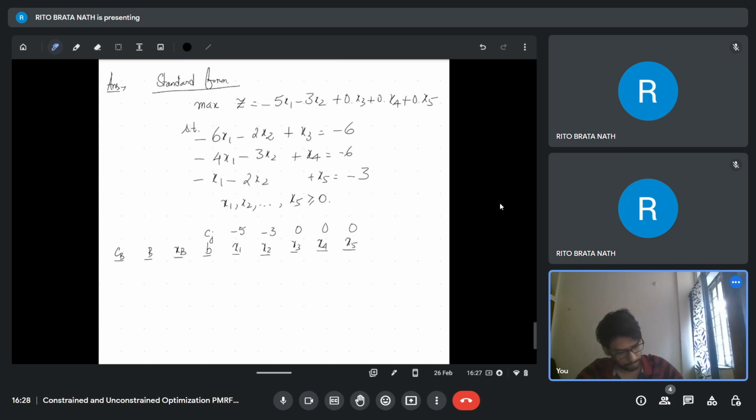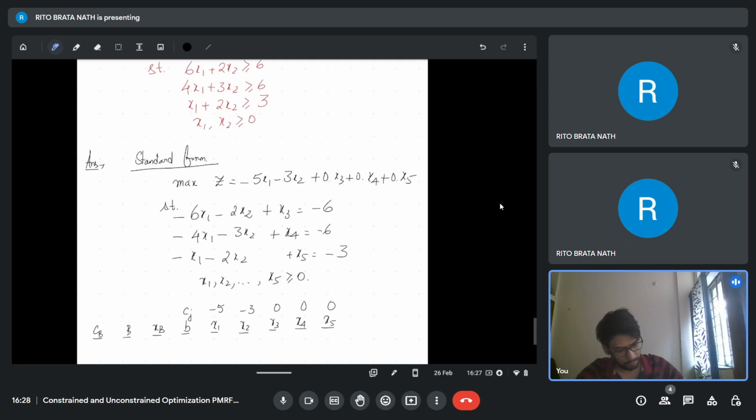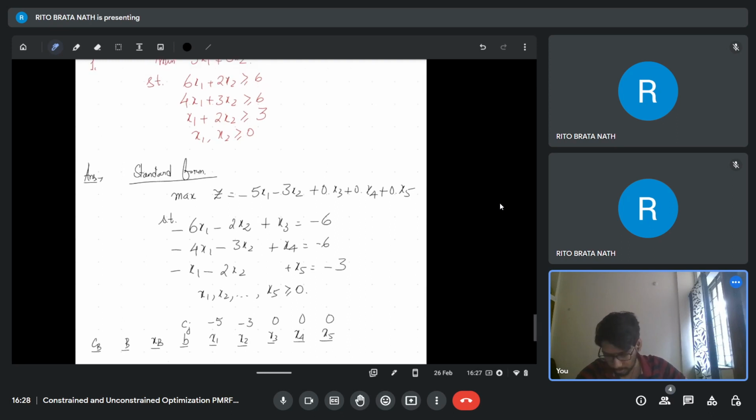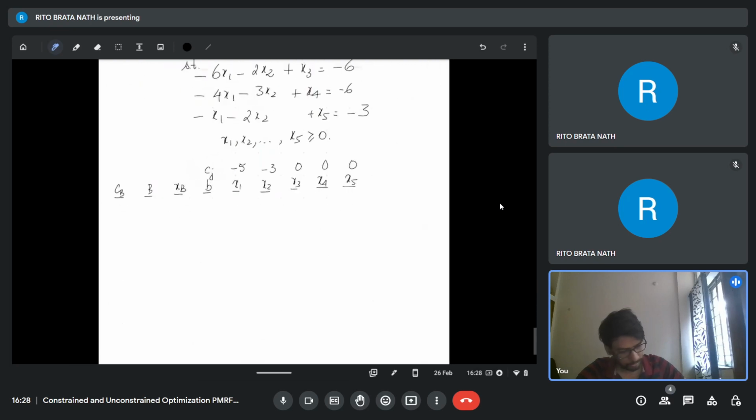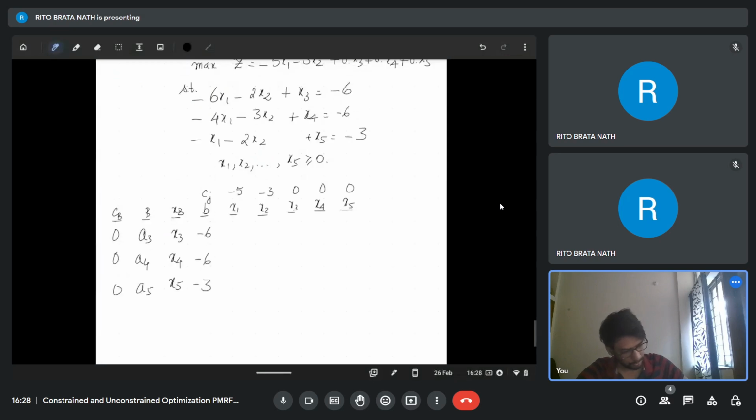To begin with, x3, x4, and x5 will be the basis, so write them as a3, a4, a5. Here CB is 0, 0, 0, and XB is minus 6, minus 6, minus 3. You can just fill in the rest of the table.